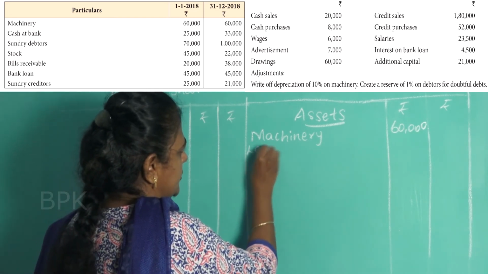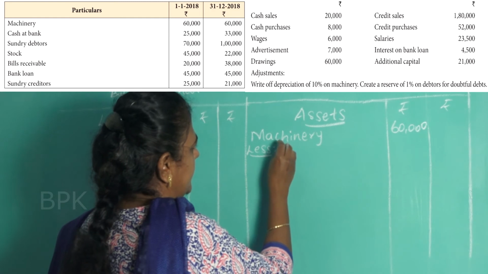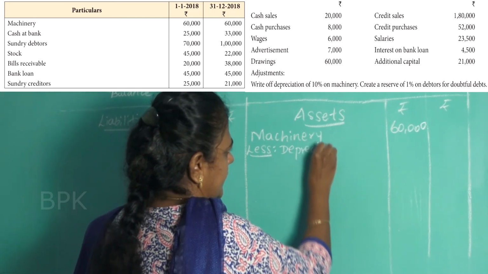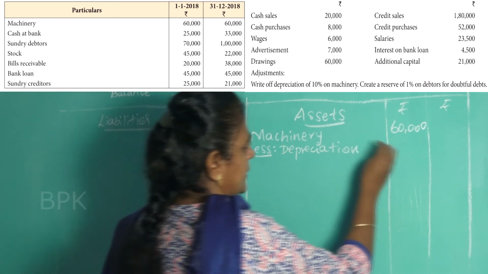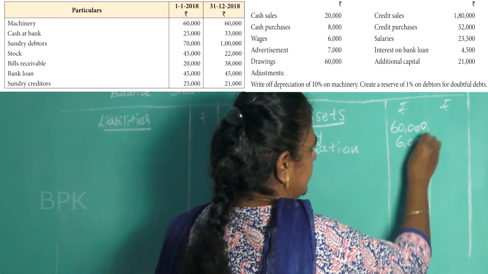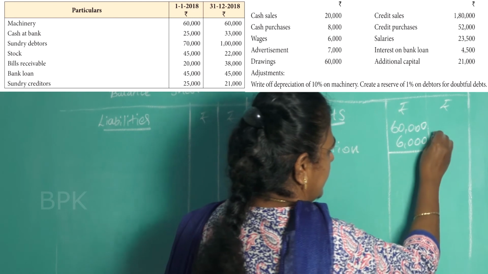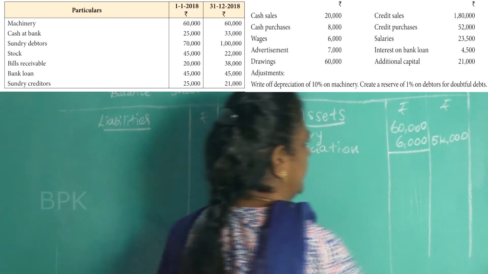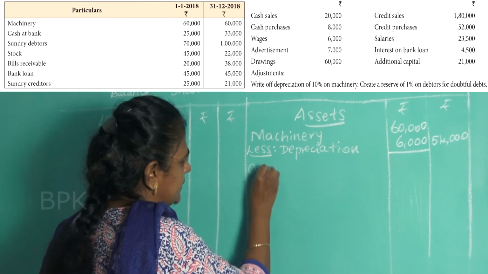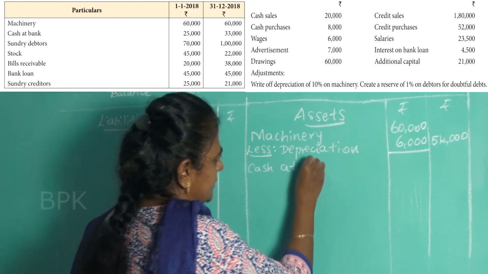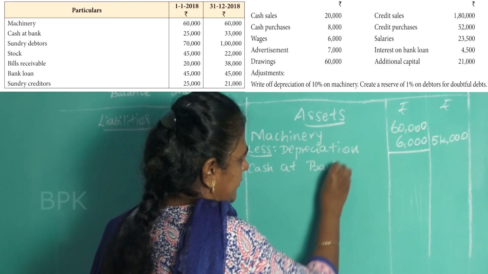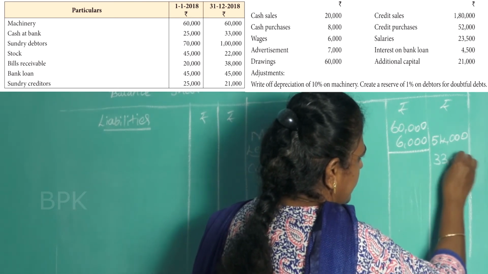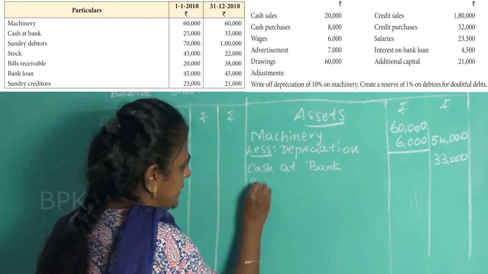It is a loss, so it should be subtracted, less depreciation 6,000, subtract and show it here, 54,000. Cash at bank 33,000.